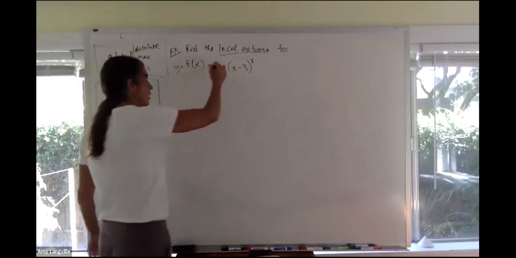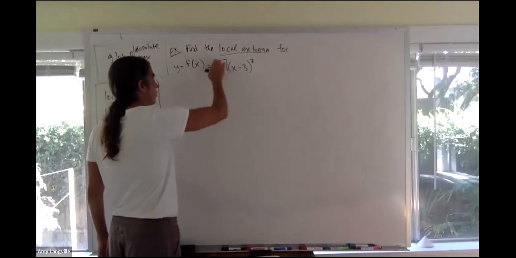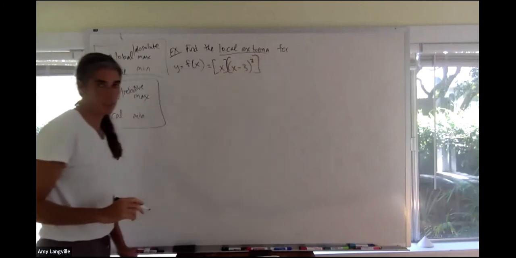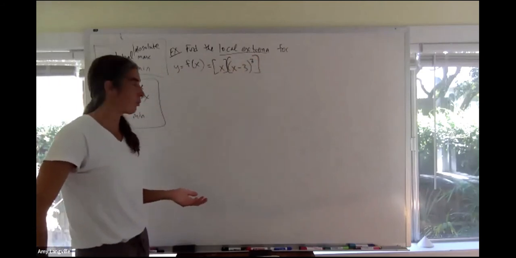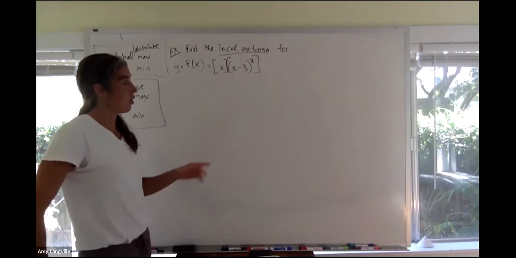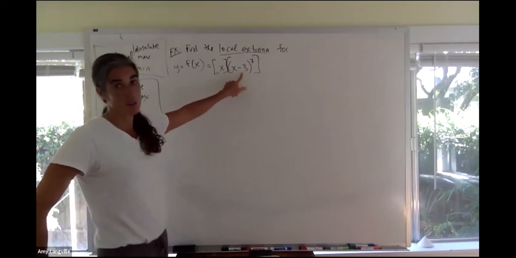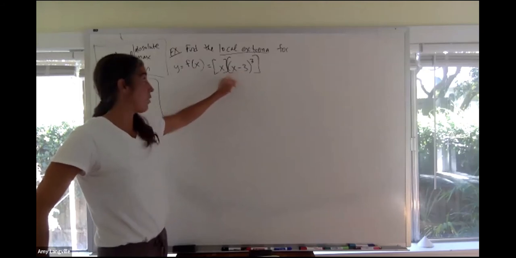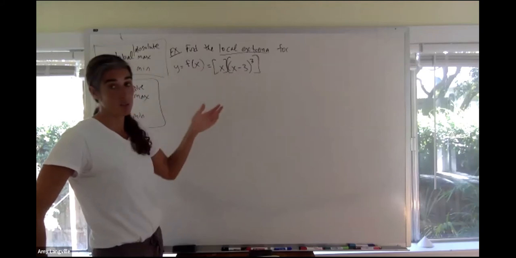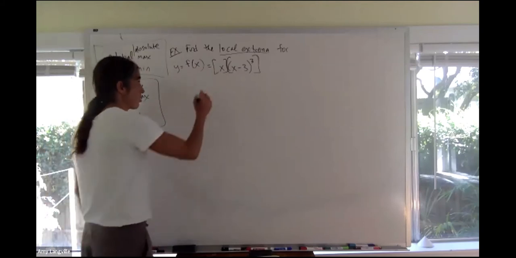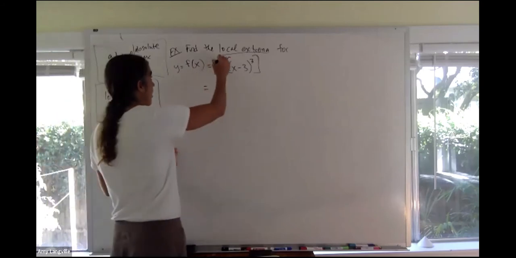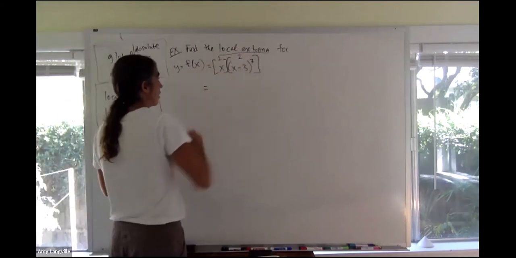Well, there are really two functions being multiplied together. So I actually need the product rule. Or another way to handle this, to avoid the product rule, would be to cube this thing out. It takes a little bit of algebra and arithmetic, and then multiply by the x. It's not too difficult, it just takes a little bit of time. Or you can use the product rule. We're going to practice the product rule. So we'll call that the first function, and this the second function.